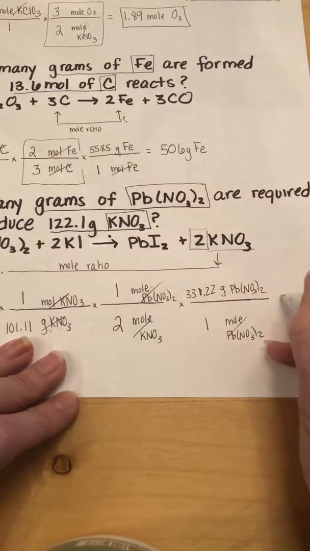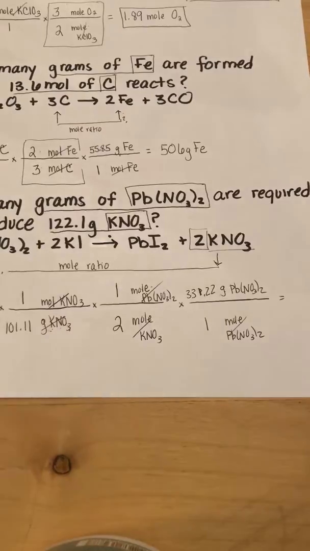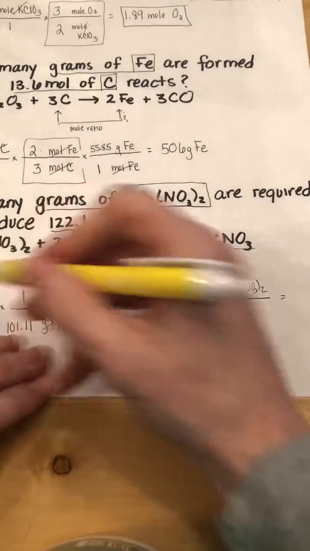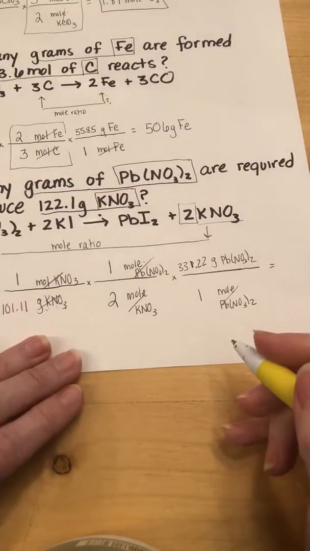331.22. Right, and now I can multiply across the top, divide by the bottom, and I can do that real quick. Into the 4 sig figs, which I will use unless it would tell me otherwise.